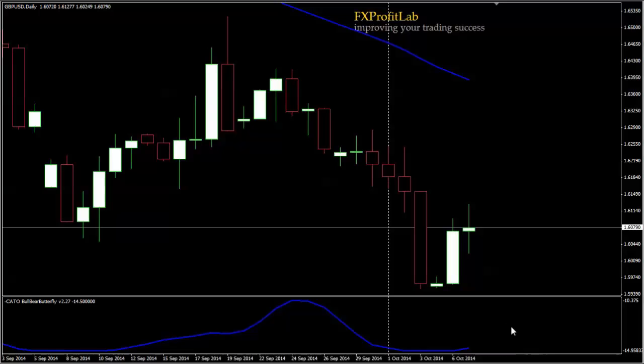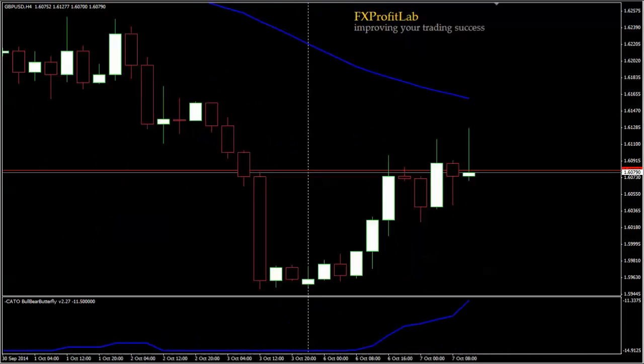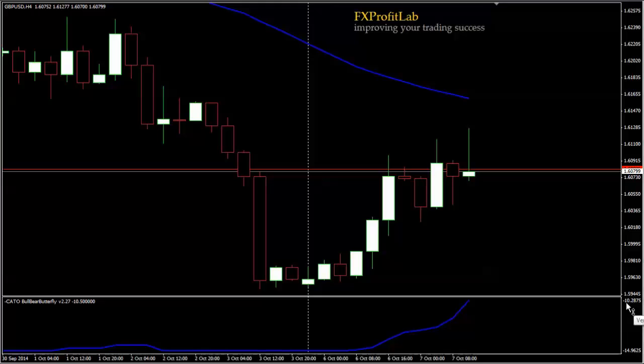However, at the moment we're really looking for trades only going down. From a 4-hourly point of view, you can see it's clearly sloping up, but it is still below -7.5. It's therefore still bearish, so we're still looking for trades to the downside.